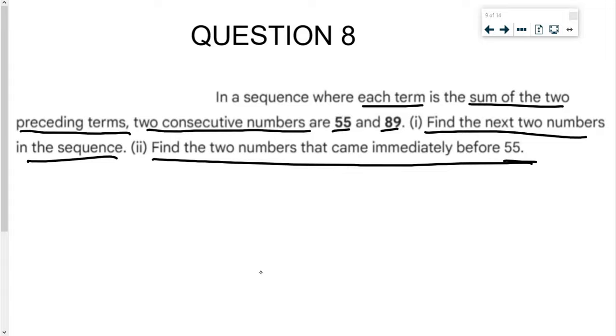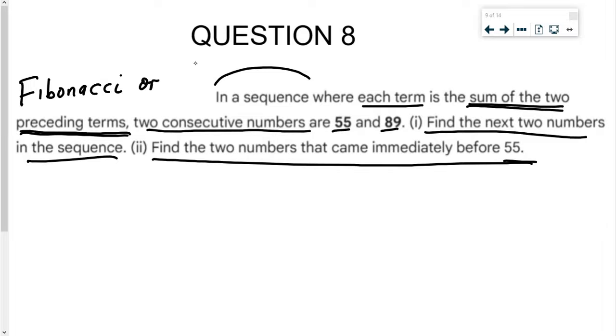Okay? So how will you do this? First of all, a type of sequence whereby the next number is obtained by finding the sum of the two preceding terms is known as a Fibonacci sequence, or in other words, Virahanka sequence.